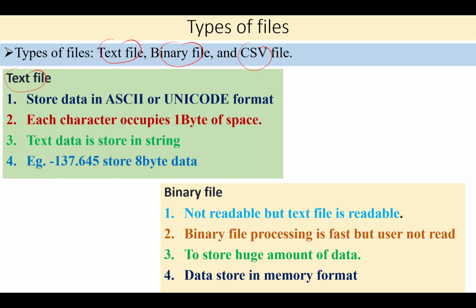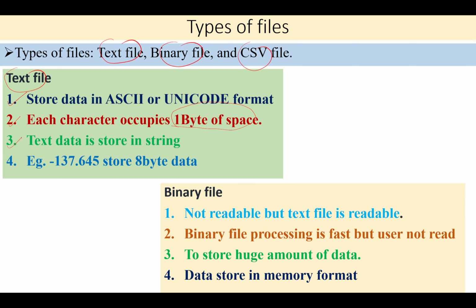ASCII represents the American Standard Code for Information Interchange. This is the first important point for the text file, and each character of a text file occupies 1 byte of space in memory. The third important point is that the text data is stored as a string.